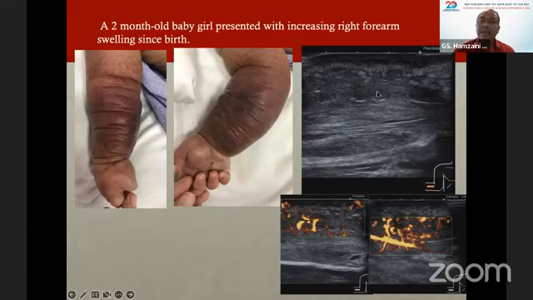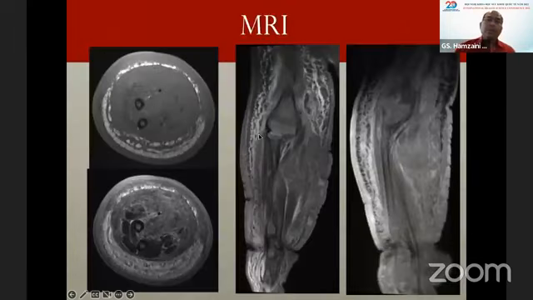And if you look at the ultrasound, there is thickened, heterogeneous subcutaneous tissue. This is a muscle layer. And when we put color Doppler, there is engorged vascularity within this subcutaneous tissue, a lot of vascularity. So we did MRI.